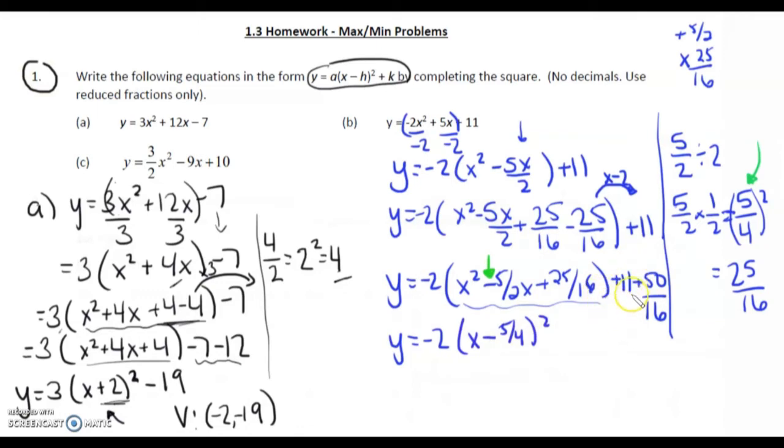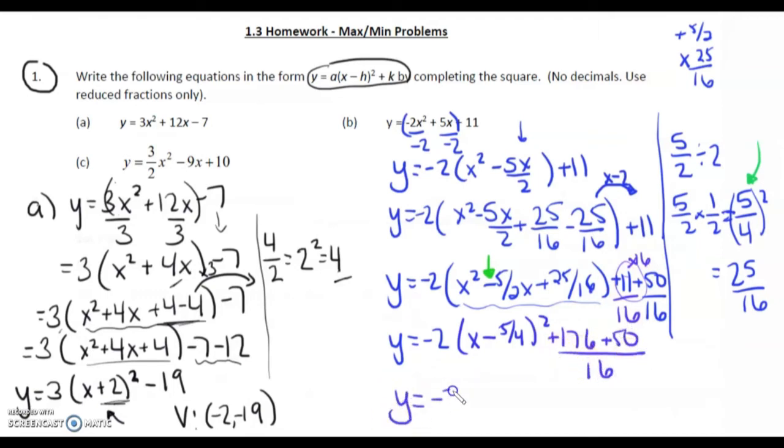Okay, and if you wanted to find a common denominator for 11, we would get times 16 over 16. So 11 times 16 is 176 plus 50.